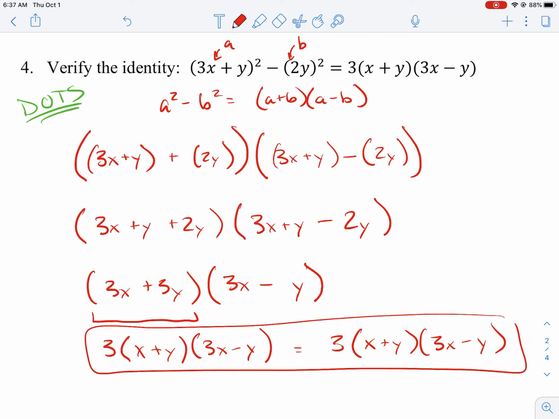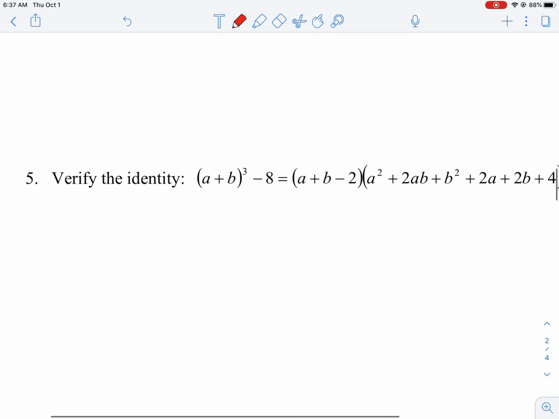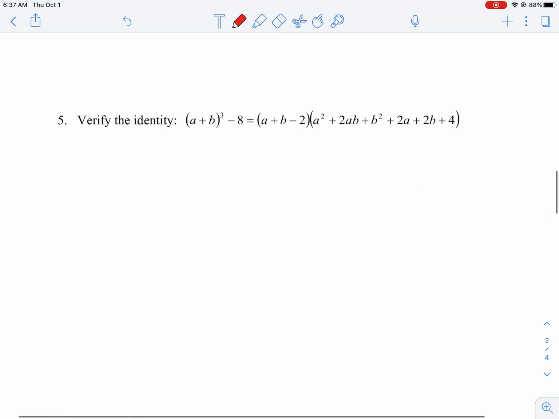Let's move on to the last one. Again, this one looks super intimidating, right? Let's take a look at what we have here, though. I see some number, a and b. We don't know what they are, but added together, they're getting cubed. So I have some number cubed minus 8, which is also a perfect cube, 2 times 2 times 2.